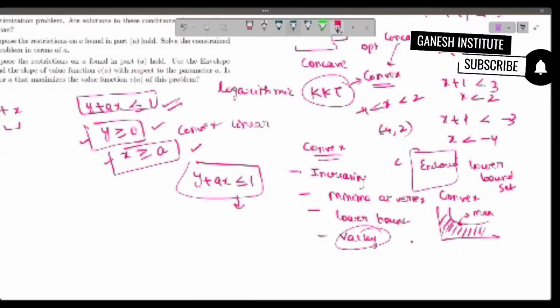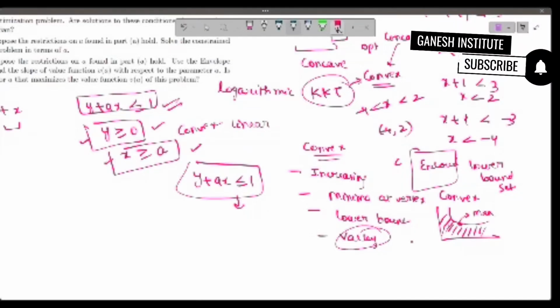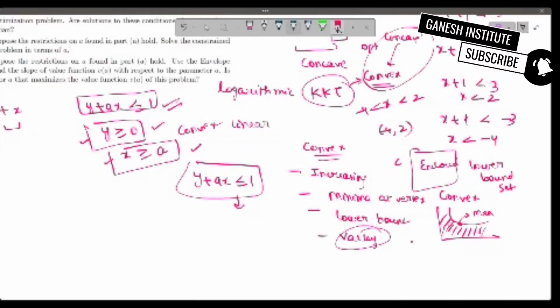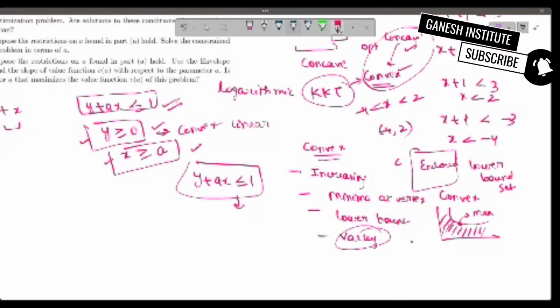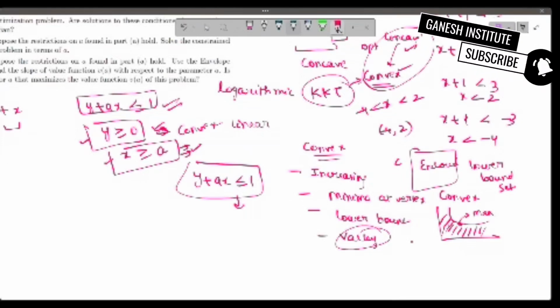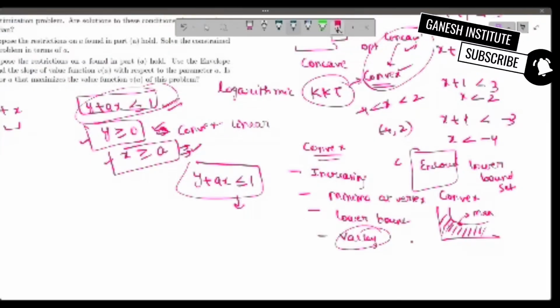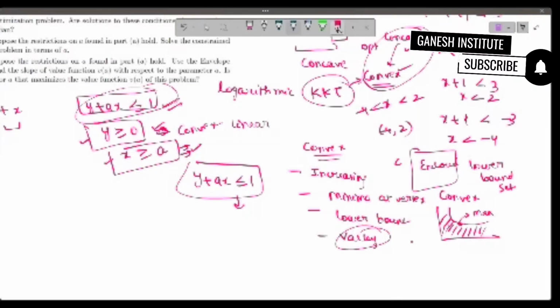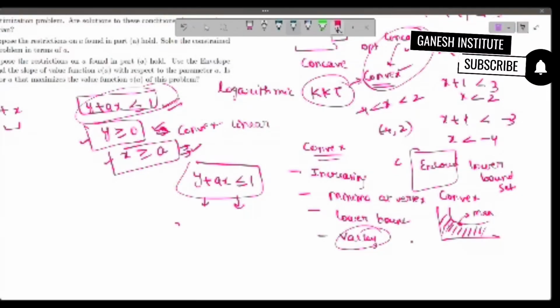Why, ma'am? I'll tell you. First of all, let's not go by the convention. Let's check whether these are convex or not. We have checked these two are convex. Now we need to check this one, y plus ax is less than or equal to 1. You consider anything in place of x and y.